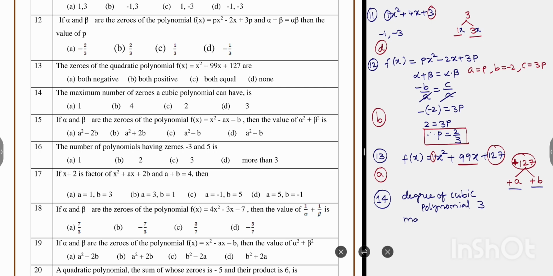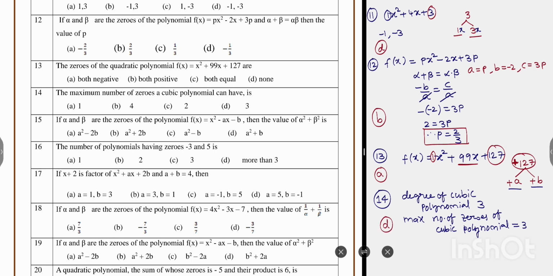Then the maximum number of zeros of a cubic polynomial is also 3. We have to remember that the maximum number of zeros of a polynomial is equal to its degree. So here it is 3, because it is a cubic polynomial, the degree is 3. So option D is correct.